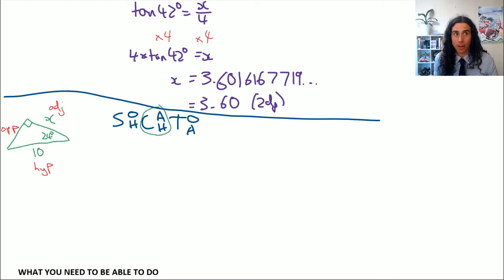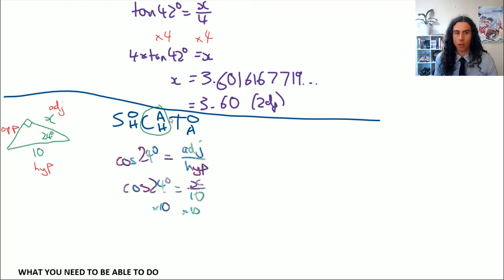So now we write it all out. I'm going to go multicolor. Cos of 24 degrees is equal to adjacent over the hypotenuse. So cos of 24 is equal to x over 10. Times both sides by 10. 10 cos 24 is equal to x.